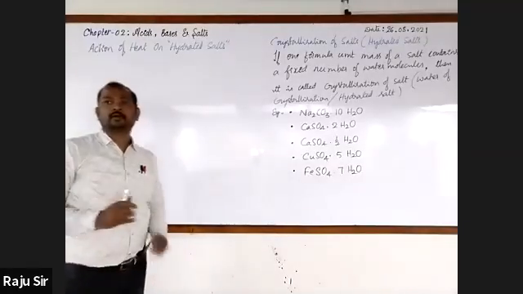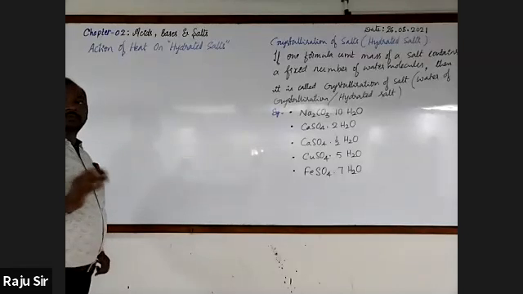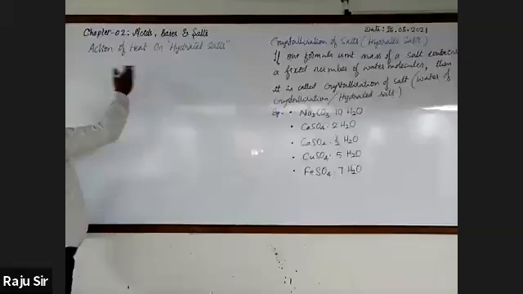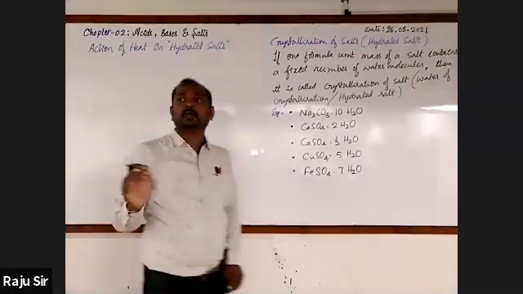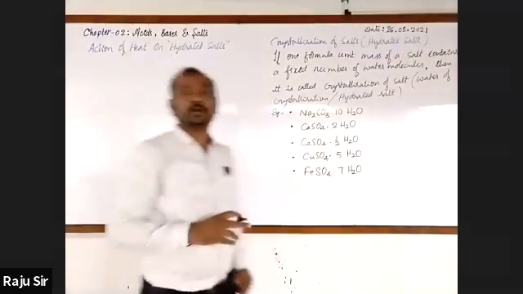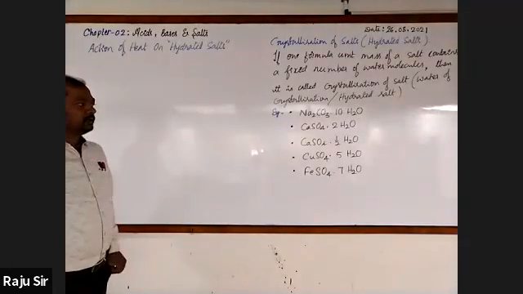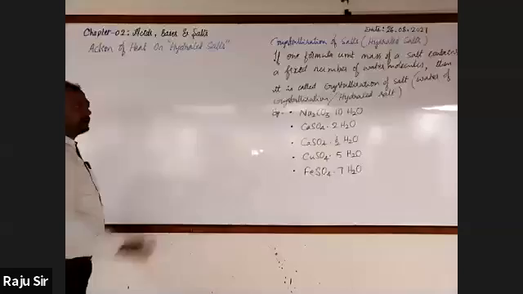Overall, just observe. Don't go for writing anything. So we have action of heat on hydrated salt. That is, we should come to know what happens when heat is given to any hydrated salt. Let me take any one of these hydrated salts.